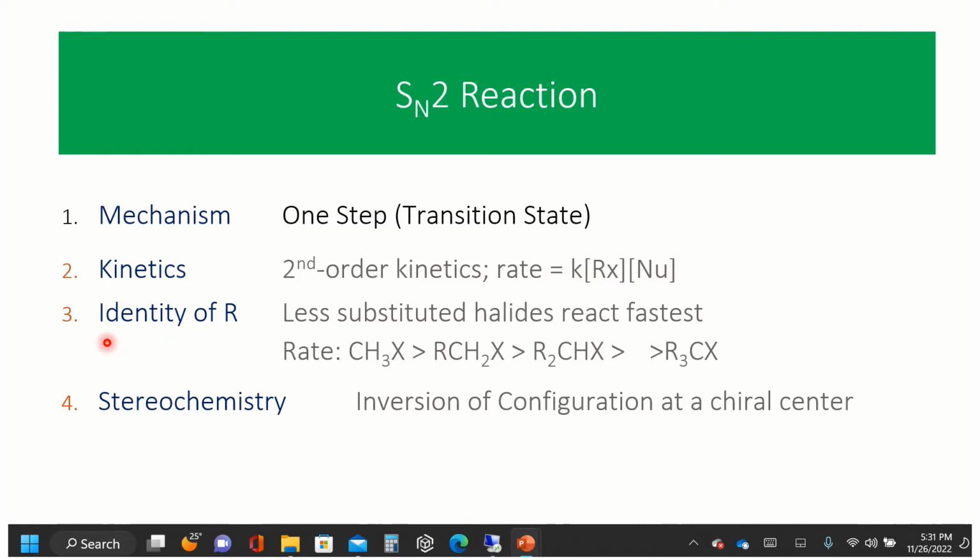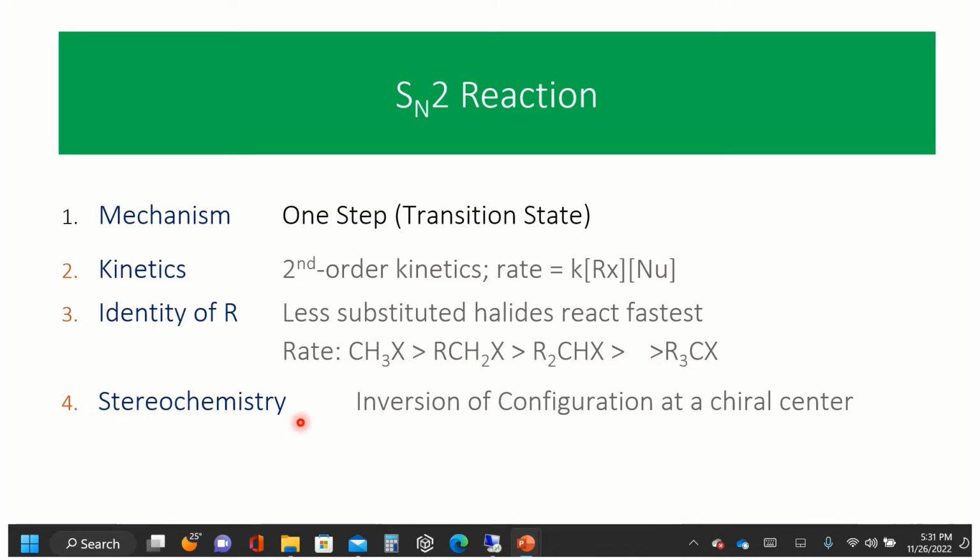Note that the methyl halide reacts readily, while the alkyl halide which is tertiary, a tertiary alkyl halide, never undergoes, or very rarely undergoes, a bimolecular event.